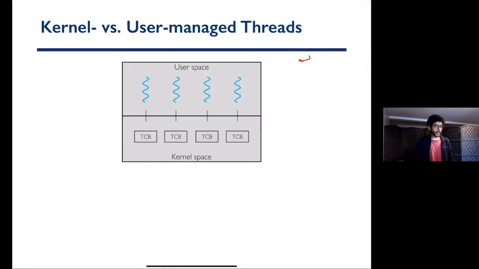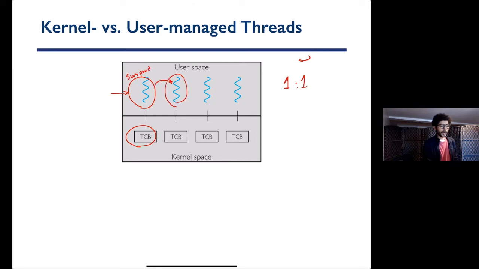Now, so far, all the things that we talked about were this one-to-one model where I have a single TCB for any single user thread. Now, if this thread calls IO, I just suspend this and I go to this thread. I can do that because I have the TCB for each one of them.